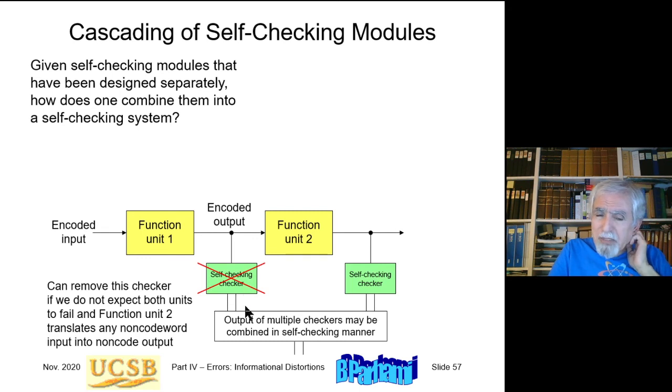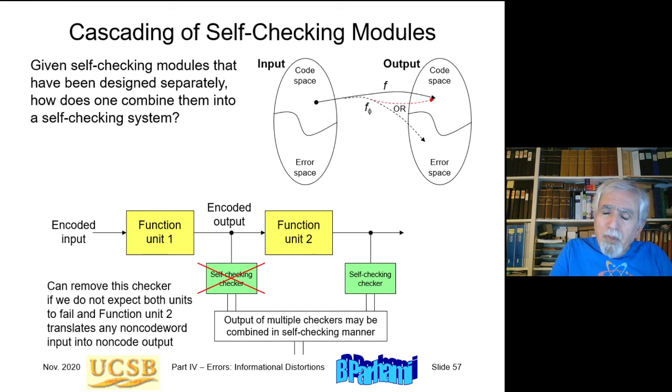If I include this, then I can combine the check signals from the two self-checking checkers and obtain an overall check. So if this one says something is wrong, or this one says something is wrong, then something is wrong in the overall system. So this is combining outputs of multiple checkers using a self-checking circuit.